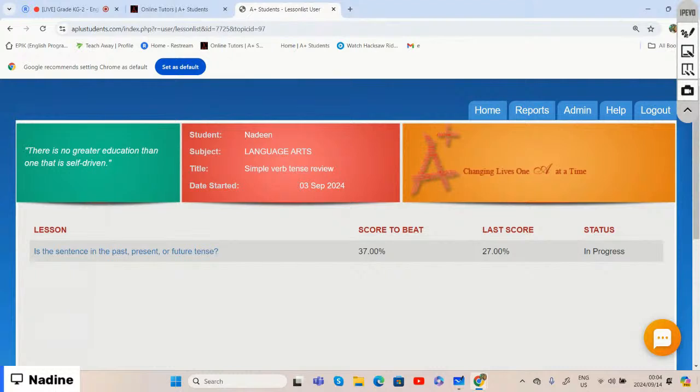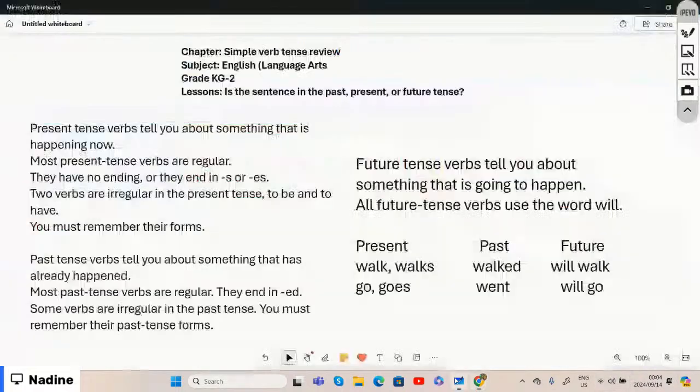All right. So our chapter is simple verb tenses. Our subject is English Language Arts. We're doing grade kindergarten to 2.